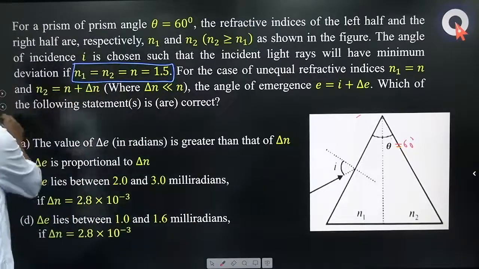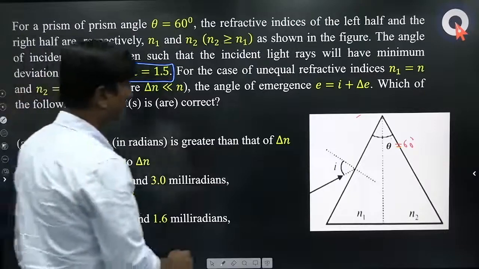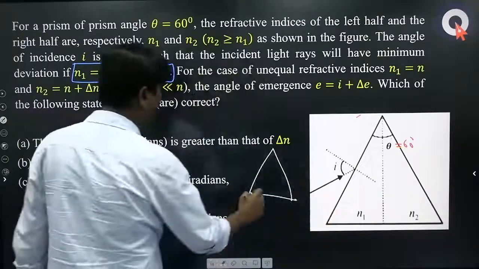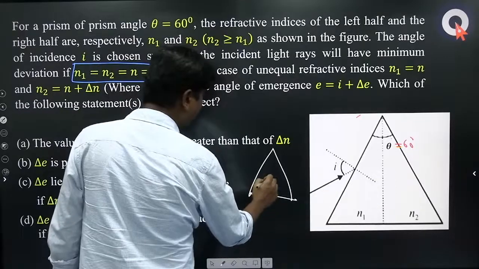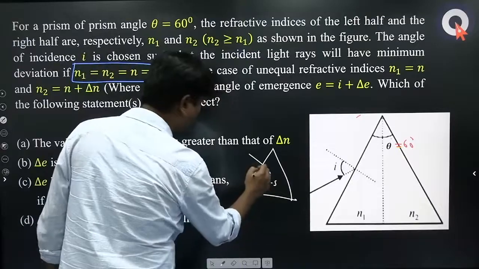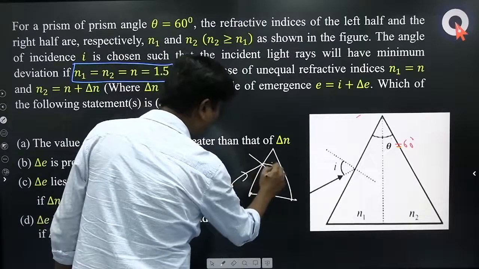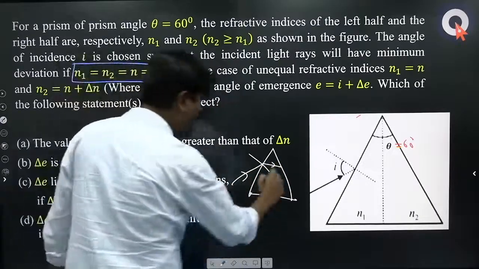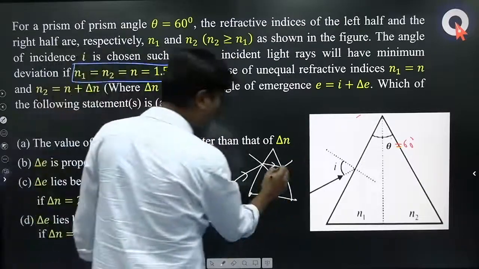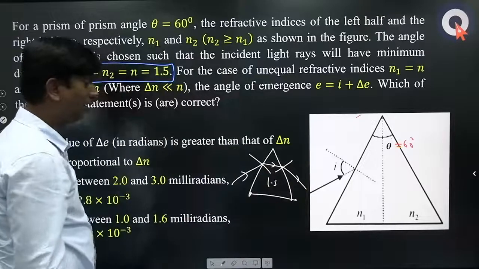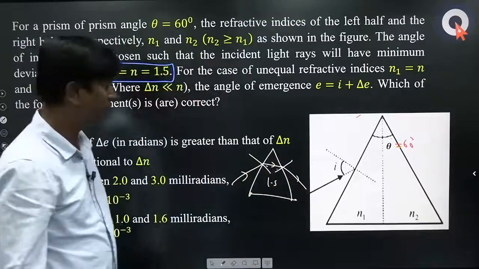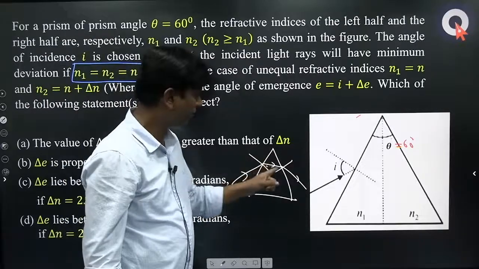You know very well that when N1 and N2 are both 1.5 and it is a minimum deviation, the refracted ray will definitely become parallel to the base. Compulsorily it will become parallel to the base, and these two angles are equal, because the sum of these two is 60.